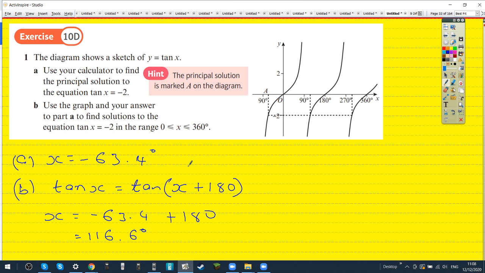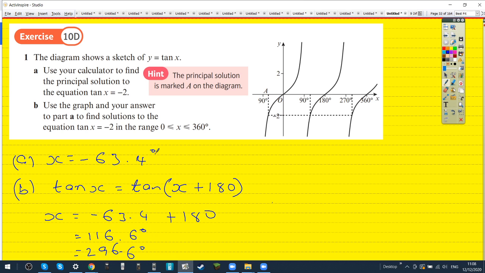And how can we get another answer? Is it 116.6 minus 180 or plus 180? You can plus 180 again. The tan graph repeats every 180, which is the same as the original answer plus 360. It is 296.6. Well done.